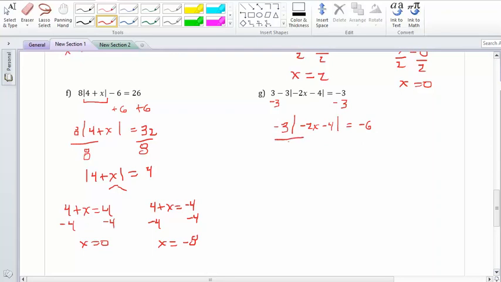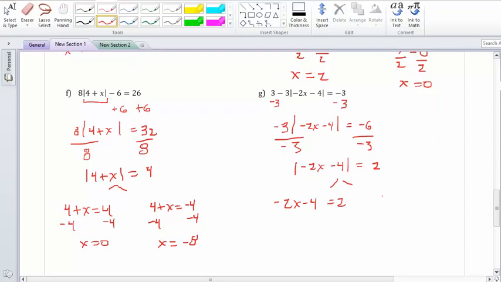Alright, keep going. Divide. We get the absolute value of negative 2x minus 4 equals 2. Once again, absolute value bars are by themselves. Once we get that, we are good to go. That's what we're looking for. Once we do that, we split it.